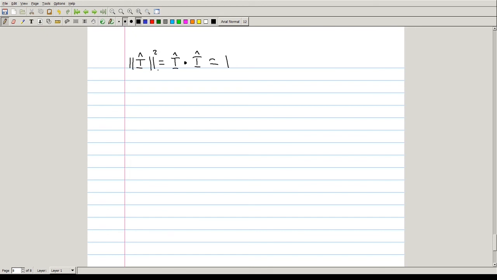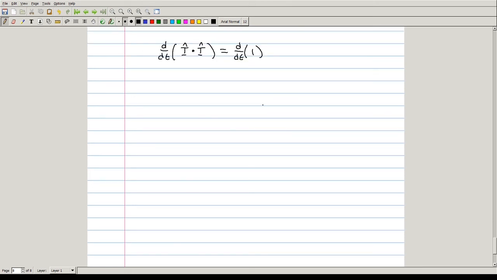If we take the t derivative of both sides of this expression, this is going to give us the following.